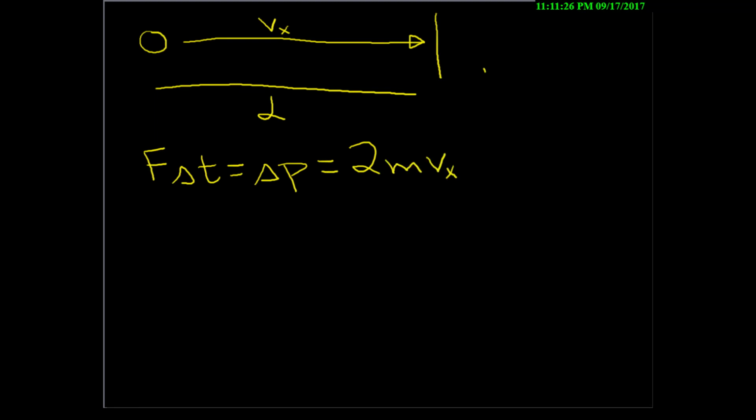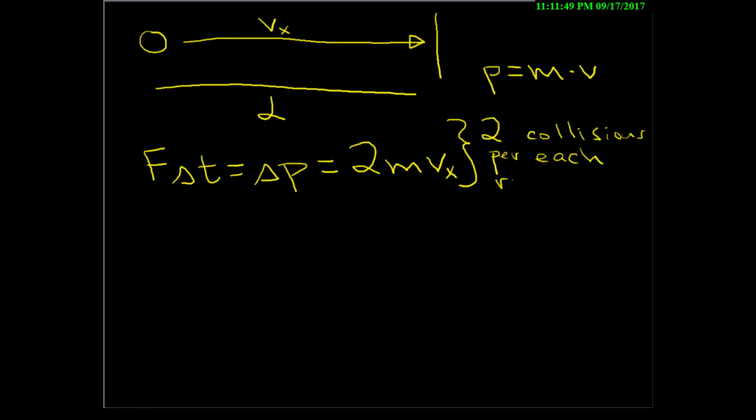And you might recall that momentum is equal to mass times velocity itself. This factor of 2 that we see in front of m v sub x is because we will have 2 collisions per each round trip inside of our container.